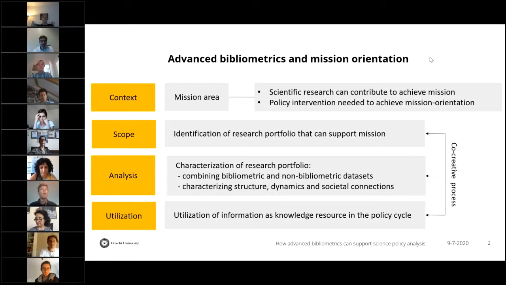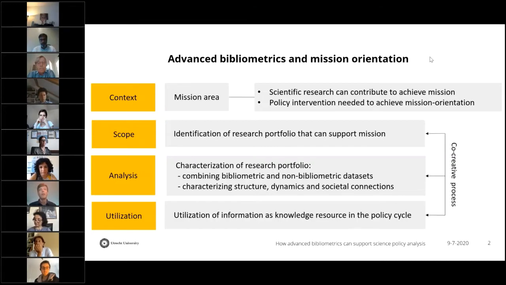Then there is a step where this research portfolio can be characterized, using all the valuable data sets that are being developed within RISIS. And this is a nice combination of bibliometric and non-bibliometric data sets. The characterization then consists of thinking about the structures of the research portfolio, the dynamics, and the societal connections.